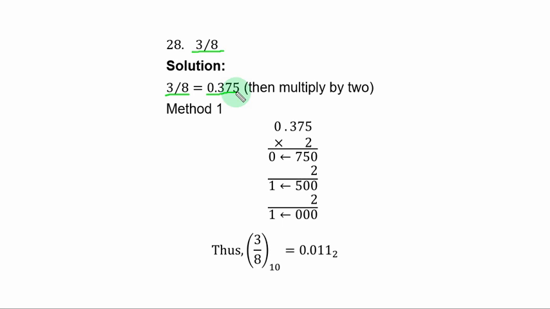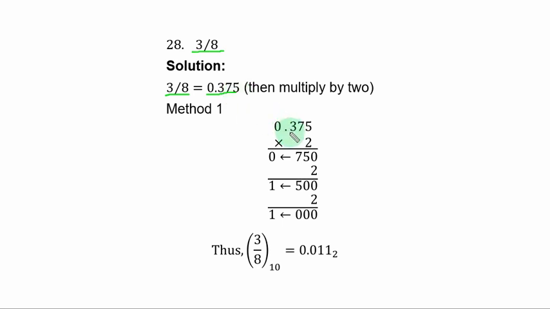0.375. So this number, you keep on multiplying it by 2 until the last result is 0. As you are doing that, you also record the remainder as well.